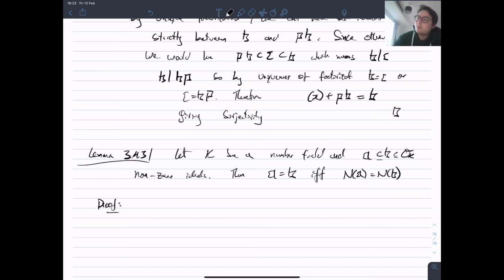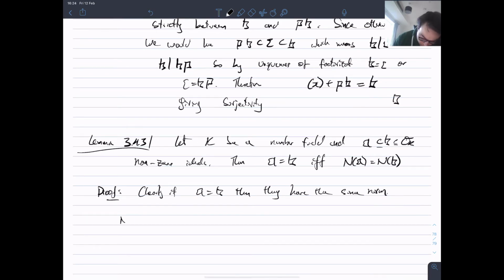So let's prove this. One direction is clear. Clearly, if A equals B, then they have the same norm. So there's nothing to do. So let's check the other direction.